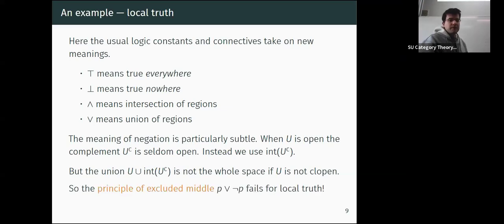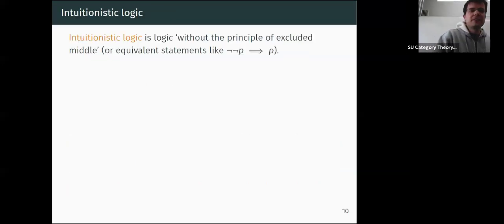So we say that the principle of excluded middle fails. The principle of excluded middle says that if you have a proposition and its negation, one of them is true. So P or not P should hold. But here we see that in general, P or not P doesn't hold. So this is the big thing which fails in constructive maths.